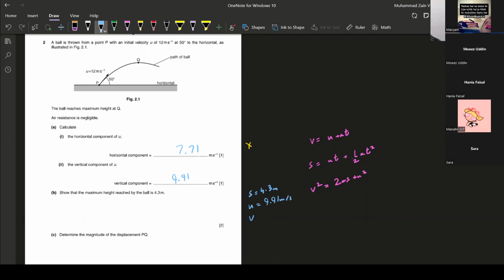So I'll just check it myself. Yeah, it's 9.19.